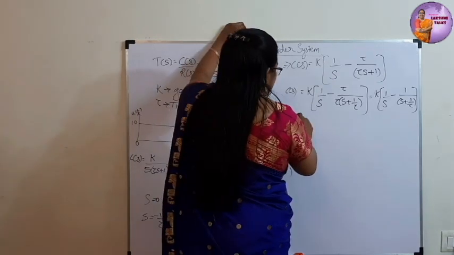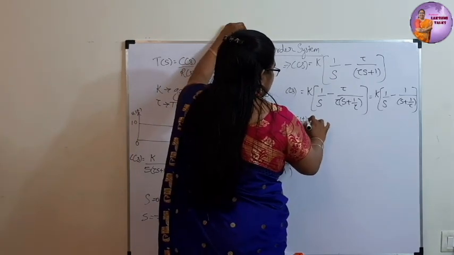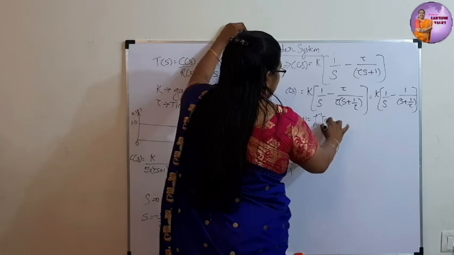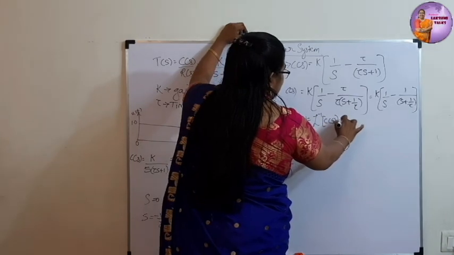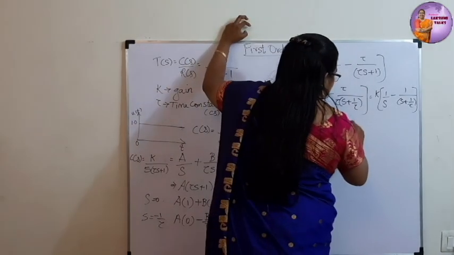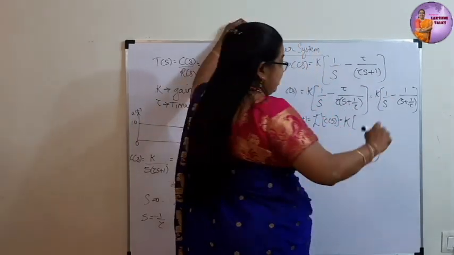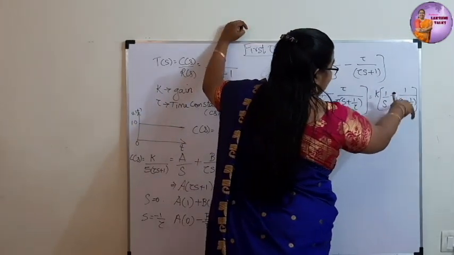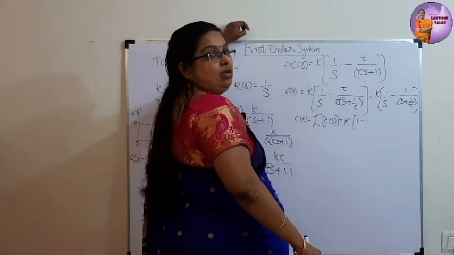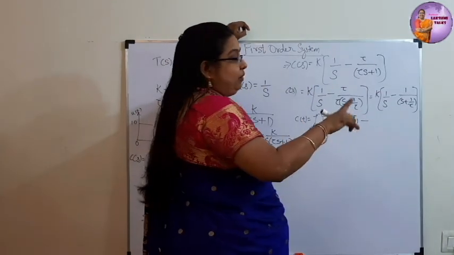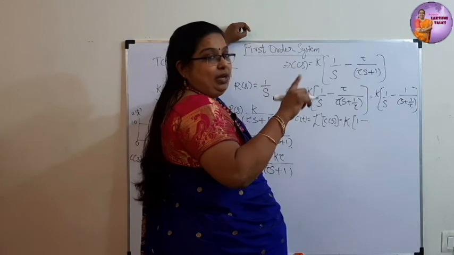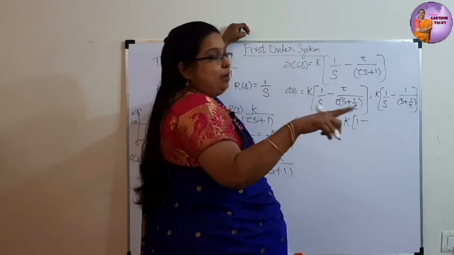Now what is C of t? C of t is equal to Laplace inverse of C of s, which is nothing but k into, for 1 by s, the Laplace inverse is 1, and 1 by s plus 1 by tau is nothing but e power minus, we already know that for 1 by s plus a, the Laplace inverse is e power minus at.